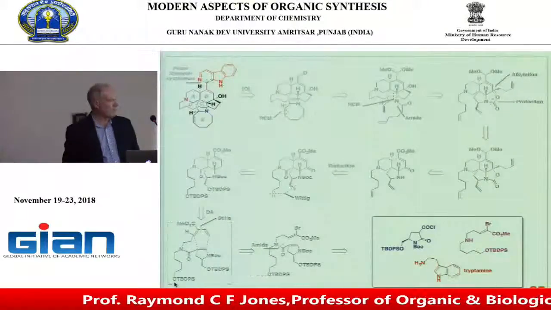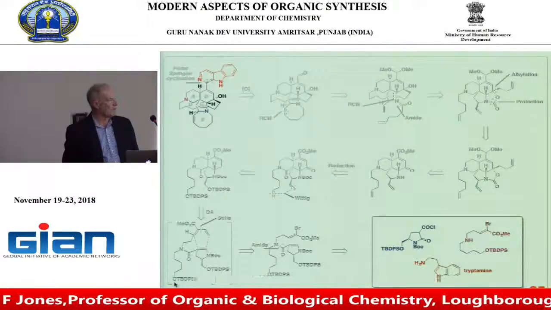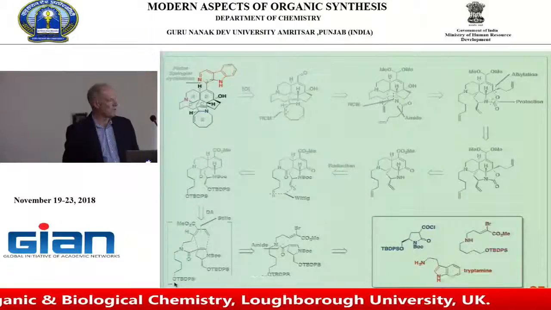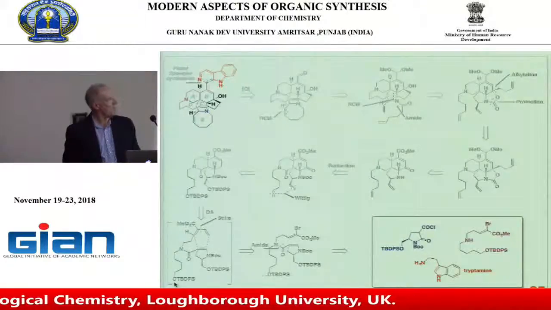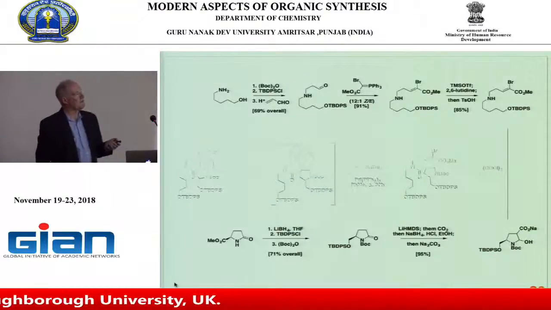Now, tryptamine down here, you don't have to make that. That's commercially available. So what you do have to make are these other two pieces. So this shows how they are made.